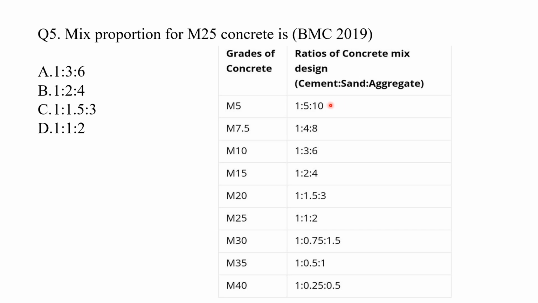Just double the number: 5, 10; 4, 8; 3, 6; 2, 4; 1.5, 3; 1, 2; 0.75, 1.5; 0.5, 1; and 0.25, 0.5. Okay, so this is the mixed proportion, and for the M25, the value of mixed proportion is 1 is to 1 is to 2. So option number 4, D, is correct.